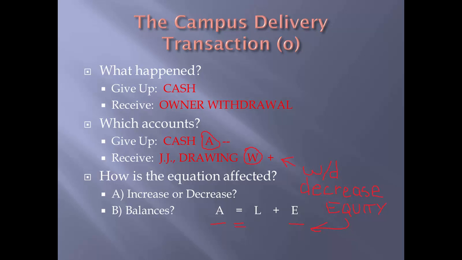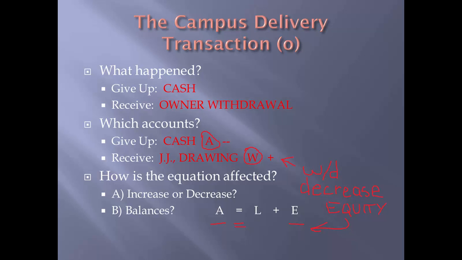Now I look up increases and decreases. Do we have more or less cash than we did 5 minutes ago? Well, the business paid out cash, so it has less cash than it did 5 minutes ago. Do we have more or less owner withdrawal than we did 5 minutes ago? 5 minutes ago we had no owner withdrawal, and now we have an owner withdrawal, so we have more owner withdrawal than we did 5 minutes ago.